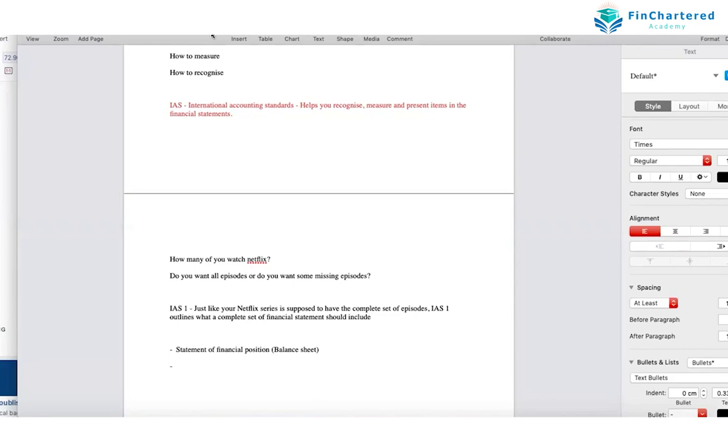We have the statement of profit or loss. That also needs to be there in these financial statements. Statement of changes in equity. Now again, statement of profit or loss is also known as income statement.